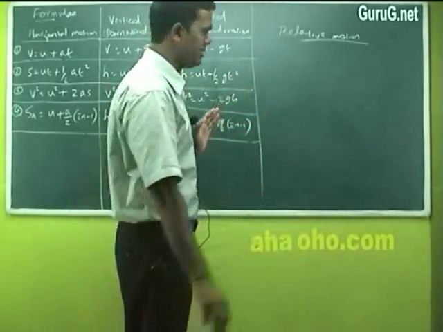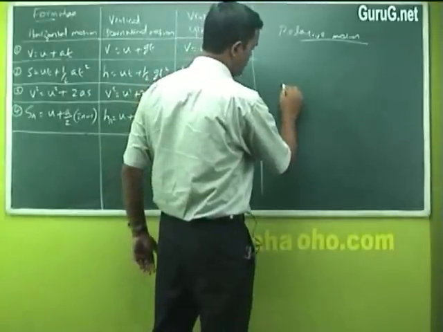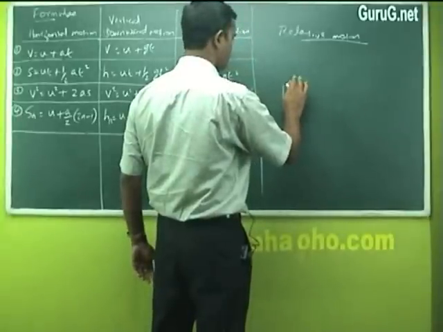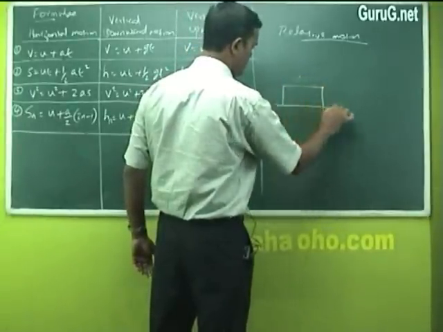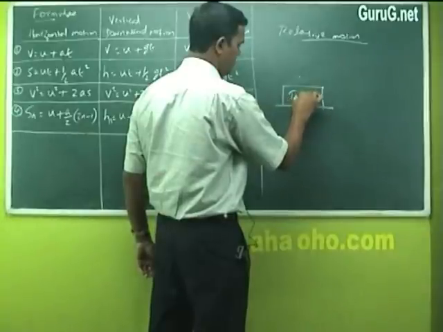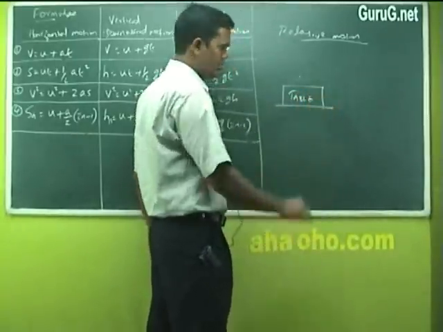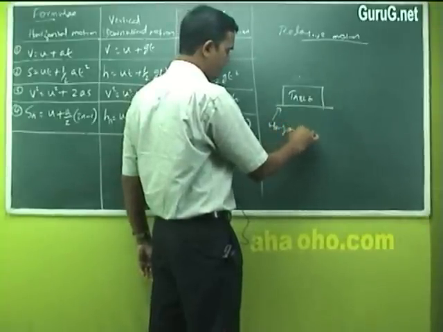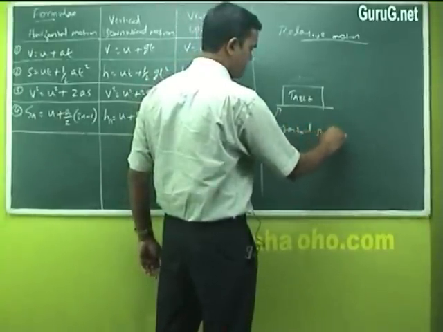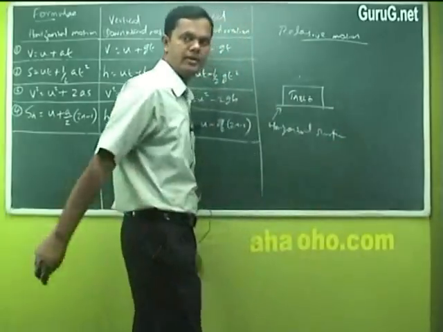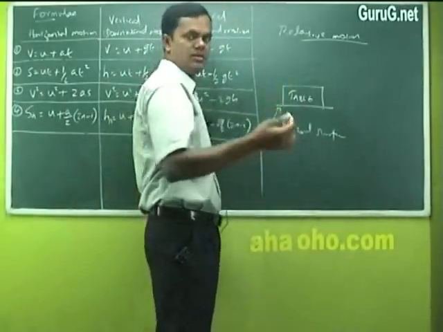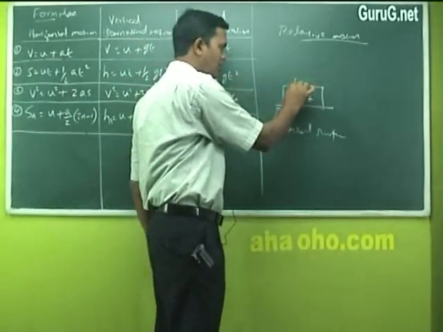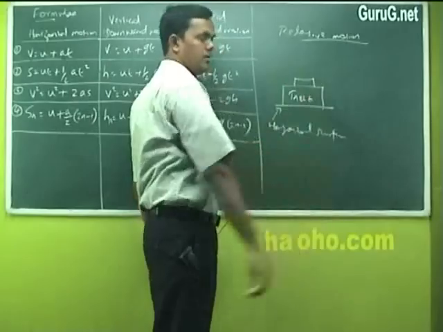Now a very simple example. I'll just sketch this. This is just a table, on a horizontal floor, a horizontal surface. I'm just going to place this chalk piece or a duster, a small body, on this table.